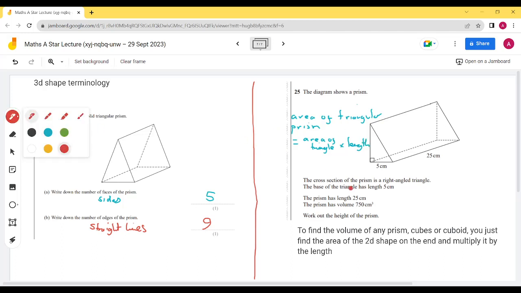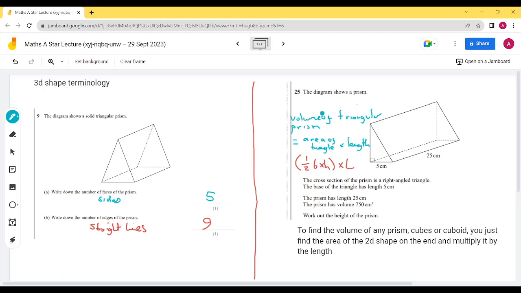So in other words, the area of the triangle is half base times height, and then times the length. Well, in this case, we're being asked something slightly different. We've been told the volume. Sorry, I realise I've written area there again. I apologise. My head is not exactly 100% today. So we've got volume of the triangular prism equals the area of a triangle times the length.